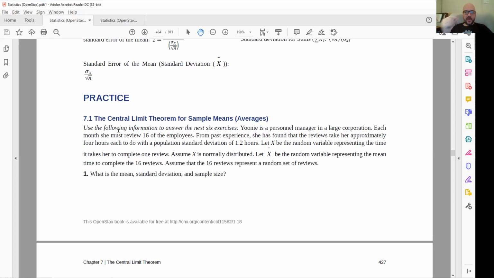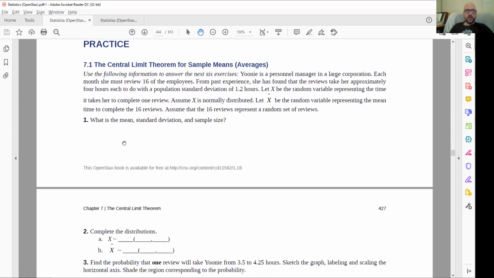And the time to do that is when you are asking about the average of a sample of several data values. So for instance, let's look at number 1 through 6 as our example here. Let's read. Uni is a personnel manager in a large corporation. Each month, she must review 16 employees.